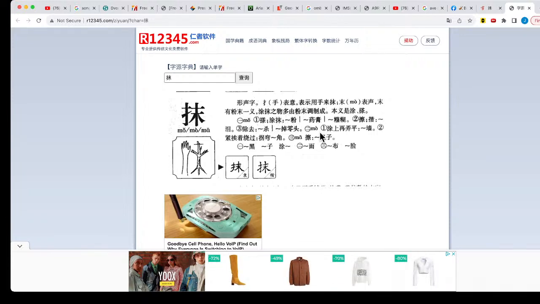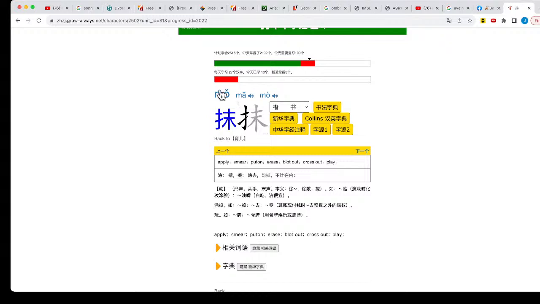And the reason for that is because when you clean away things, usually those things are tiny, like dust or something very fine, and you kind of wipe off. So that's why you use this word 末 over there. So this is 抹.